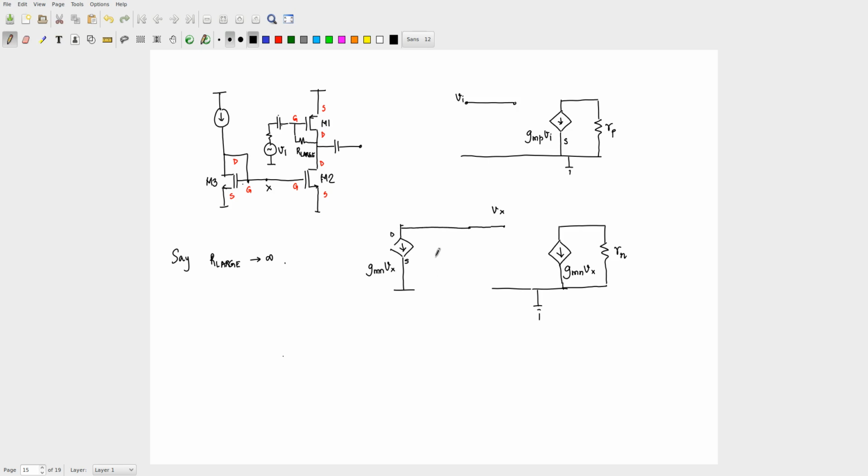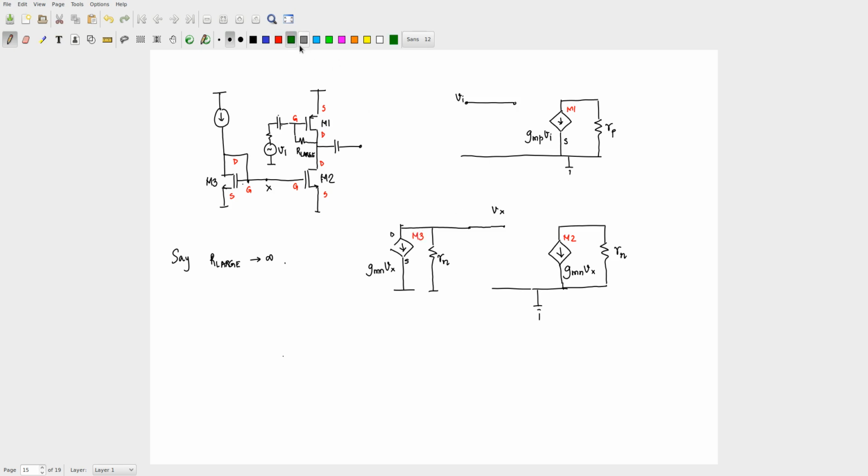And what else should be there? You have some resistance. I am assuming that M2 and M3 are identical, so I will have some Rn here. Is that all, or have I missed any other connection? Yes, between transistor M2 and M1. This is transistor M1, this is transistor M2, this is transistor M3.